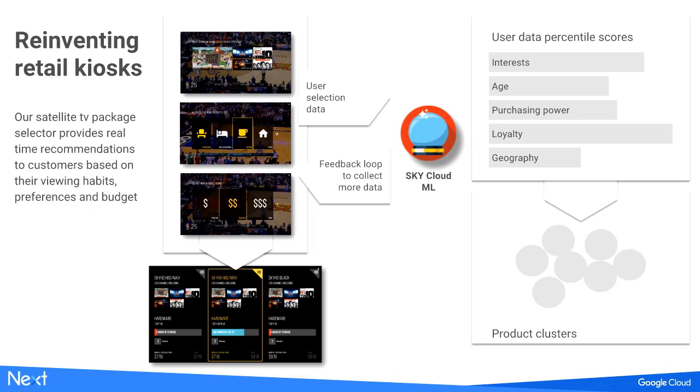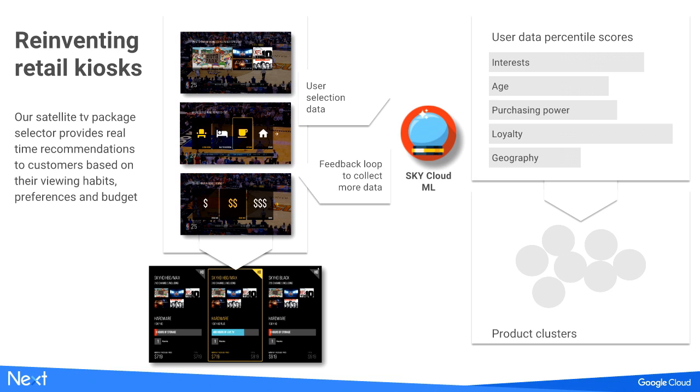I'll talk about one of them, which is for a company called Sky, a large television package provider in Mexico. It's kind of like the Verizon or AT&T of Mexico. So you can go to the slide. The challenge here is that they have door-to-door salesmen who try to sell different television packages.